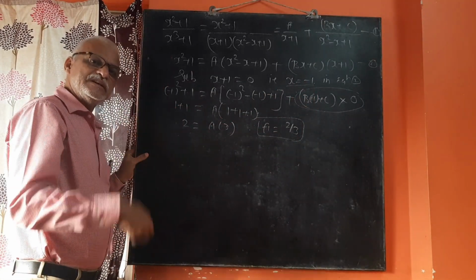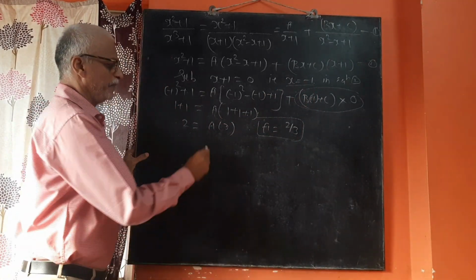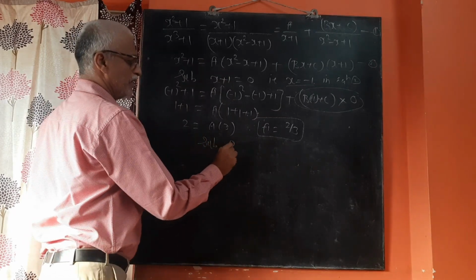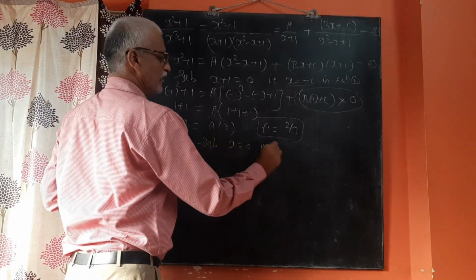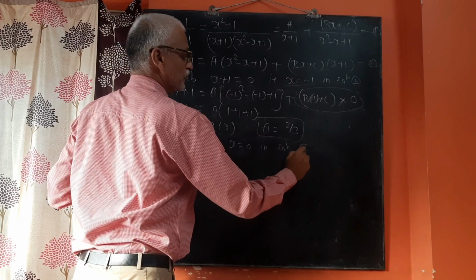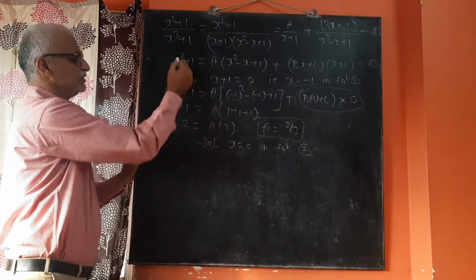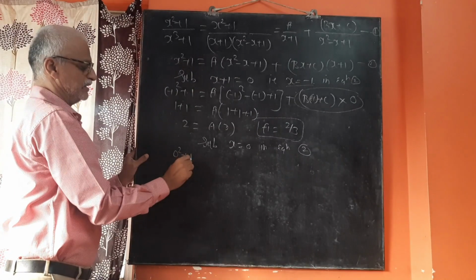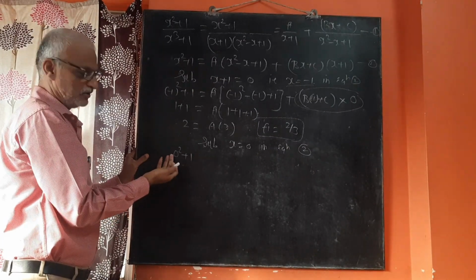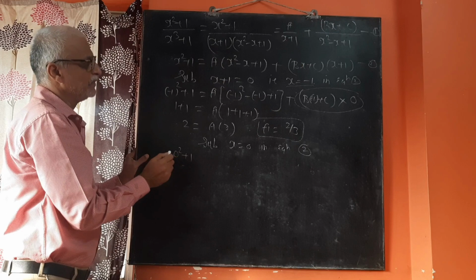Now the first one is x equals minus 1. So we can substitute the second as x equals 0. Substitute x equals 0 in equation 2. We get 0 square plus 1. 0 square means 0. Actually you may write directly 0 also.